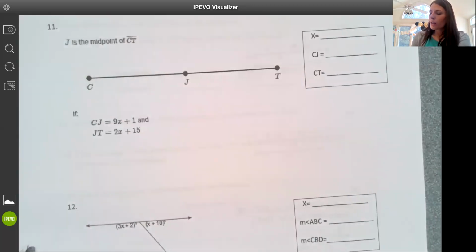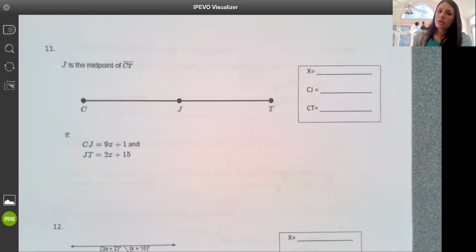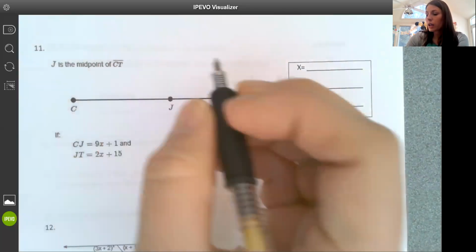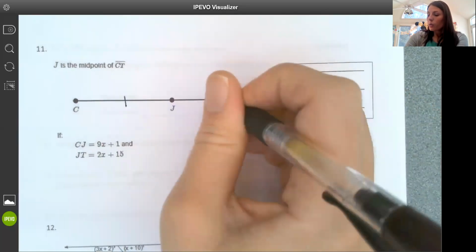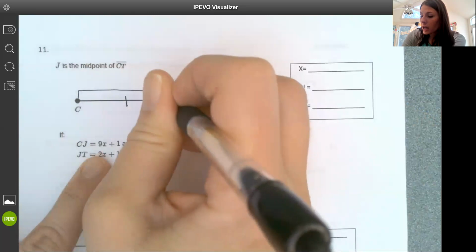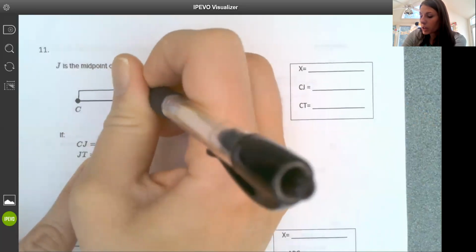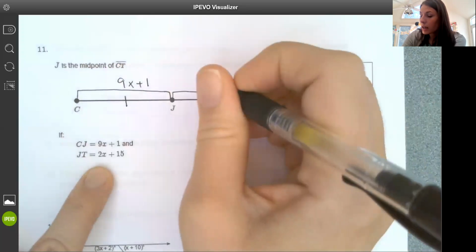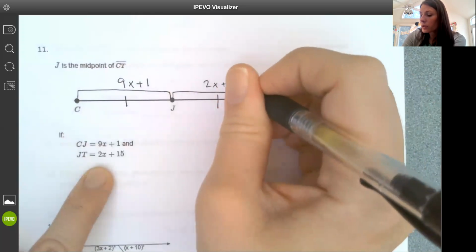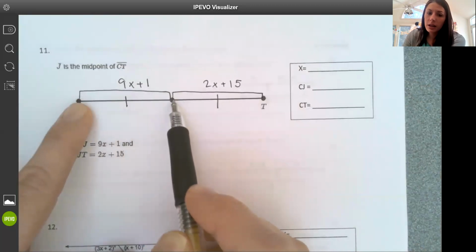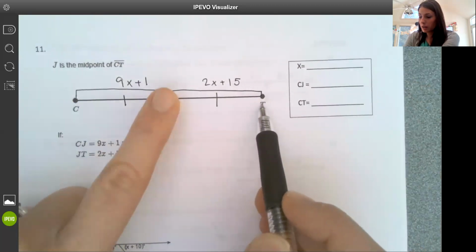Okay. Then it goes to some equation work. So here it tells me that J is the midpoint of this segment, which then allows me to set up my equation, because if I know from C to J is 9x plus 1, and from J to T is 2x plus 15, well, knowing that this is the midpoint tells me that this length is the same as that length.